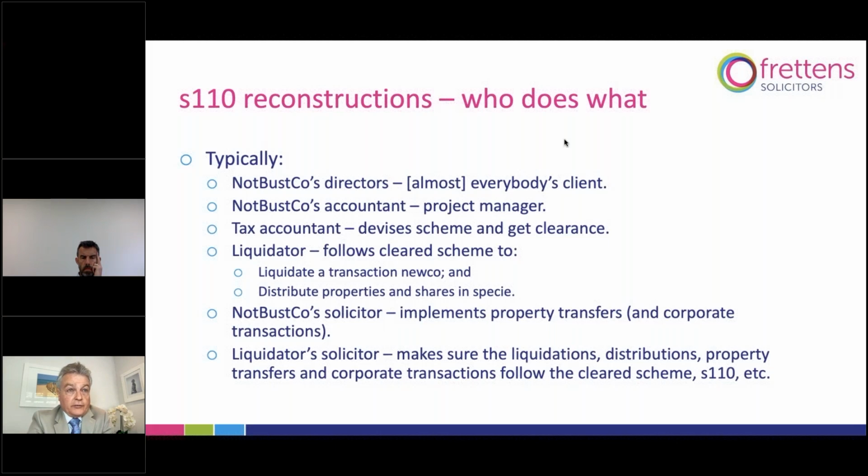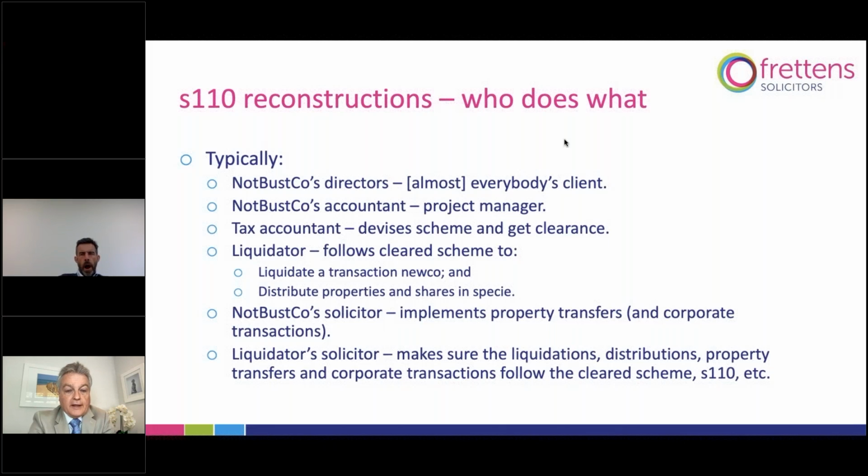One of the problems that we do come across with this is that very often the chairman would like to use the firm of solicitors that they've always used, and they've usually got an extremely good relationship with the company and its shareholders, and they've done a great job in the past in terms of corporate transactions, property work, and probably sorting out some disputes for them as well.